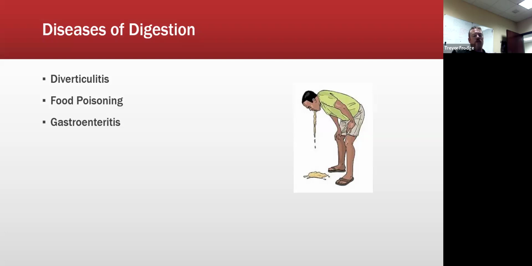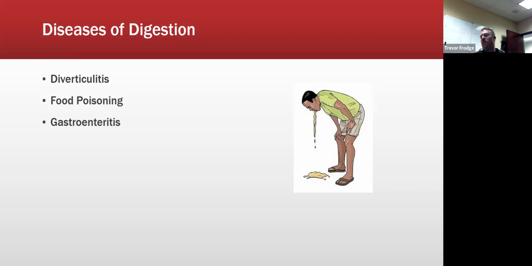Oftentimes these patients present with just generalized abdominal pain, typically in their left lower quadrant, but it can be everywhere. But left lower quadrant pain is typically their main focus of that, but it also can occur on the right, not elsewhere. You can have a patient with food poisoning, so things like E. coli.